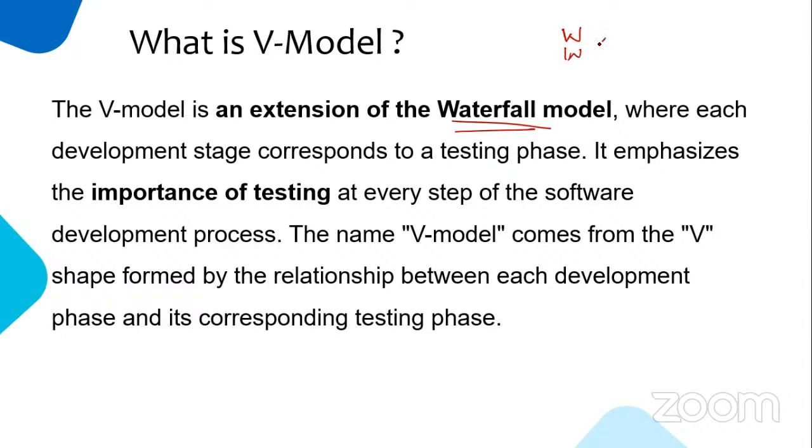Then we learned iterative. After adding to this, we came up with the spiral model. Now, the waterfall extension is only the V model. If you understood V, it's more than enough. So what exactly is this V? It is also called the verification and validation model. It is shaped like a V.